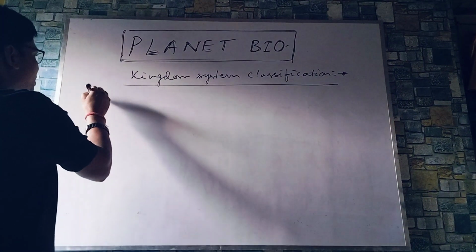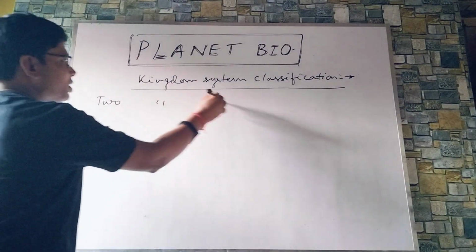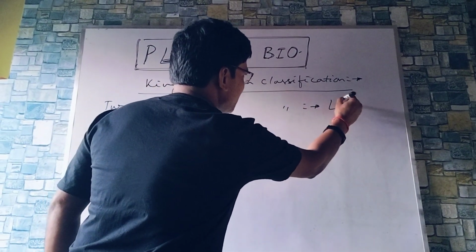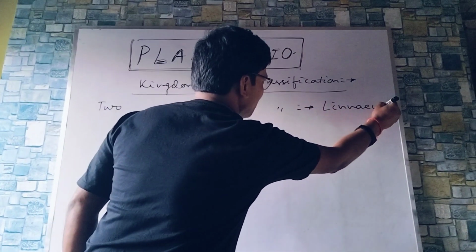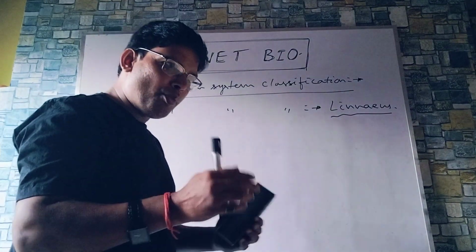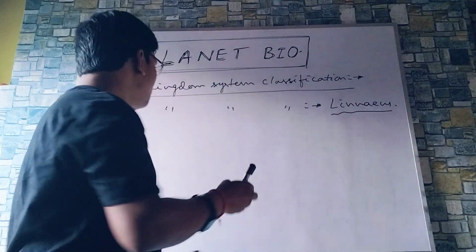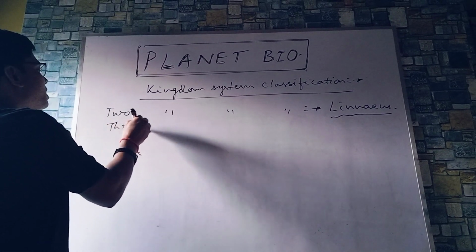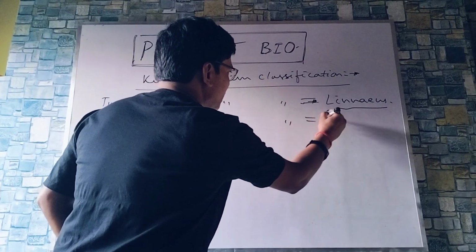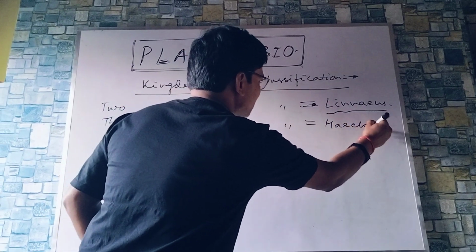First it began with the two kingdom system classification, given by Linnaeus: only Plantae and Animalia, plants and animals. Now more groups were added. The three kingdom system classification was given by Ernst Haeckel.